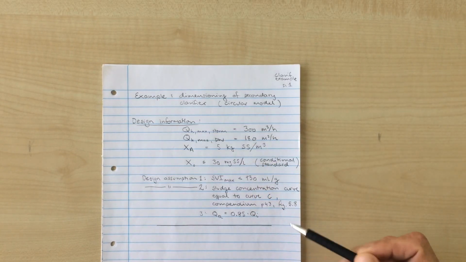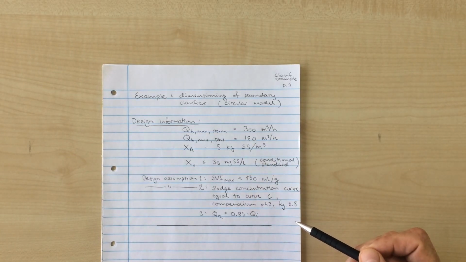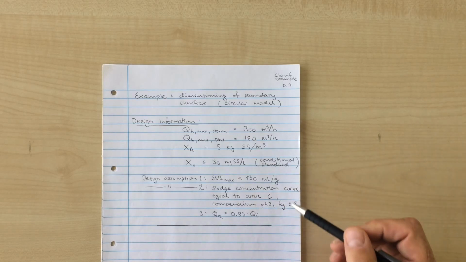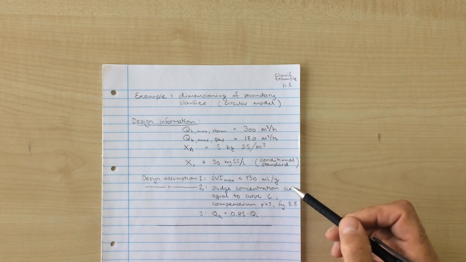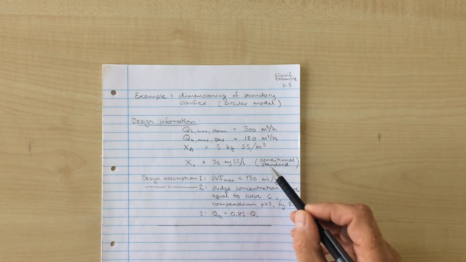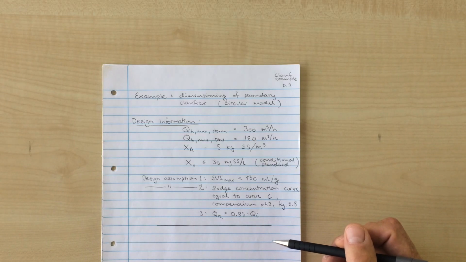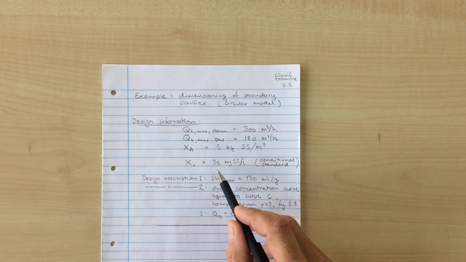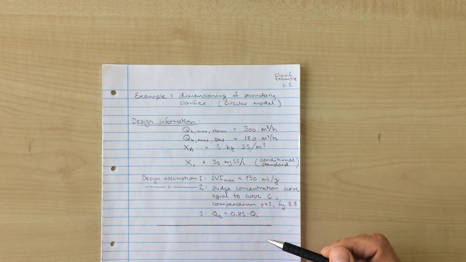And the outlet criterion from the clarifier in this case is going to be 30 milligrams suspended solids per liter as a conditional standard. That is pretty much equal to the standard European Union requirement, and this will be okay with the criteria given in the compendium that says, with this design we can go down to 20 milligrams suspended solids per liter on average.